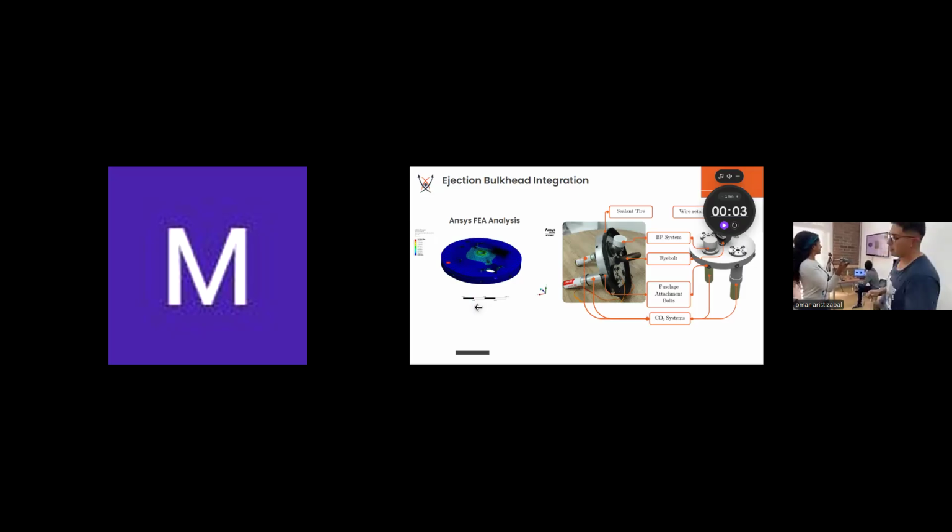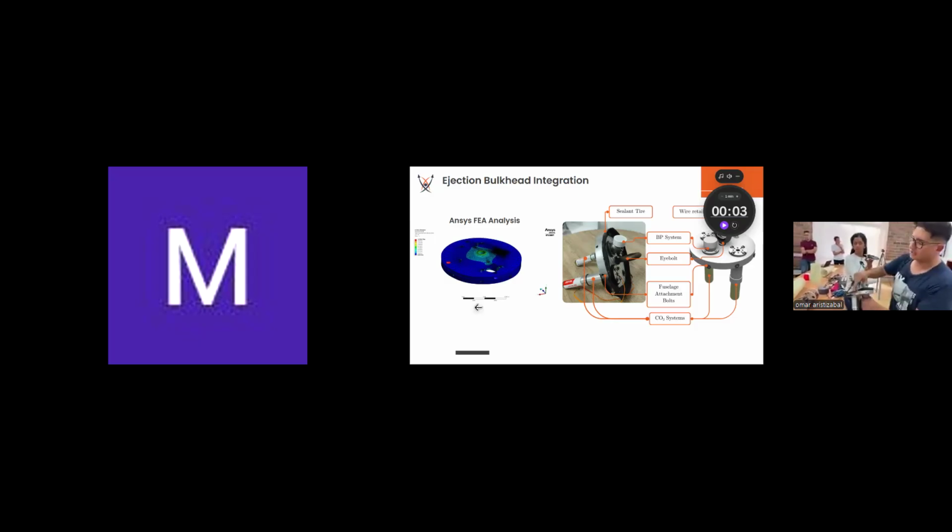So we are pretty sure that all these bulkheads, the eyebolts and the recovery harnesses, like these quick links, are rated to 25,000 newtons.